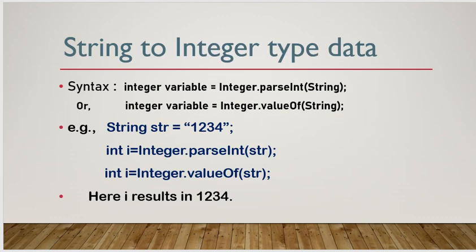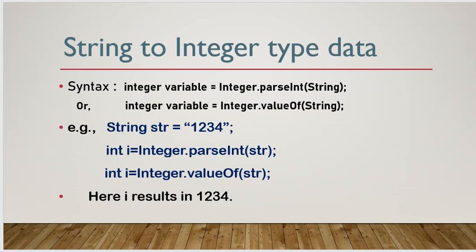First we have string to its corresponding integer data type. We are going to use the function Integer.parseInt, or we can also use another function, Integer.valueOf. Both the functions perform the same job. We can convert any string value to its corresponding integer value.